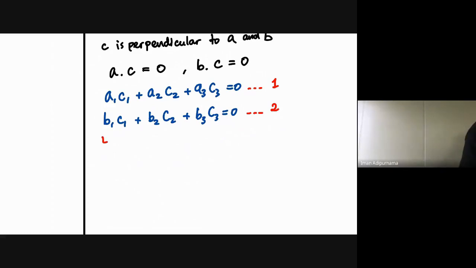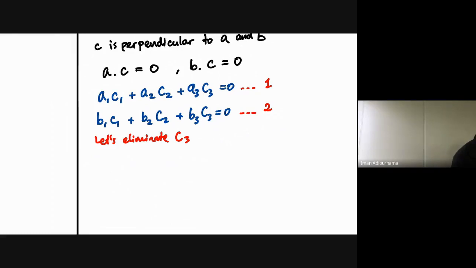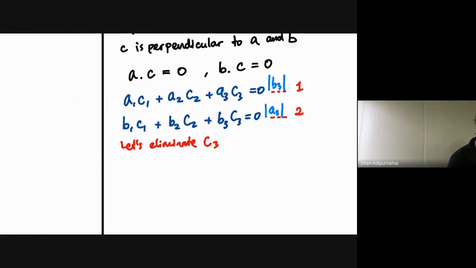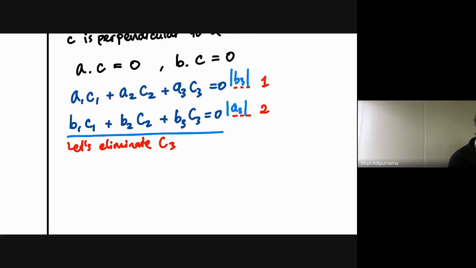So we need to multiply the top equation with B3, and multiply the bottom equation with A3. Then we subtract both of these equations.